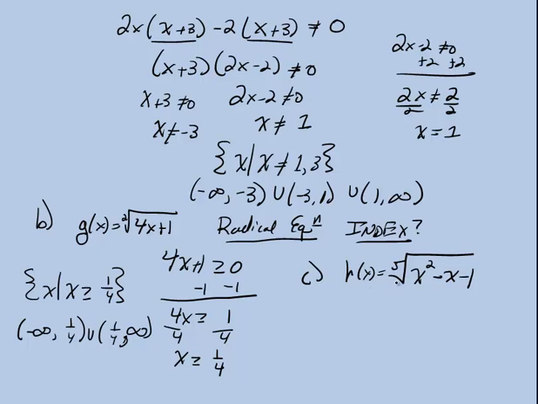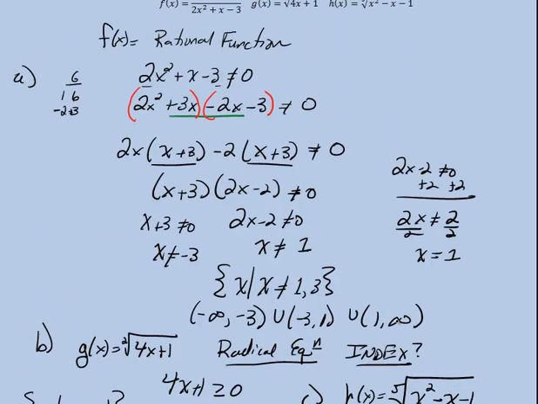But if we have the fifth root, the seventh root, the third root, the 13th root, the 121st root, those are all odd indices, and we can take the fifth root or the third root or the seventh root or the 123rd root of both negative and positive values. Since we can do that, we know that the domain of this guy is going to be all real numbers, which we can also write in interval notation from negative infinity to positive infinity.